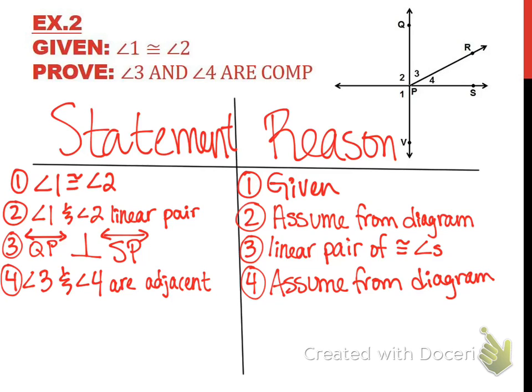Okay, and if they are adjacent acute angles formed by, and you've got perpendicular lines, what do we know about them? Sure, but if we're going to phrase it the same way the proof statement phrases it, we would say angle 3 and angle 4 are complementary.